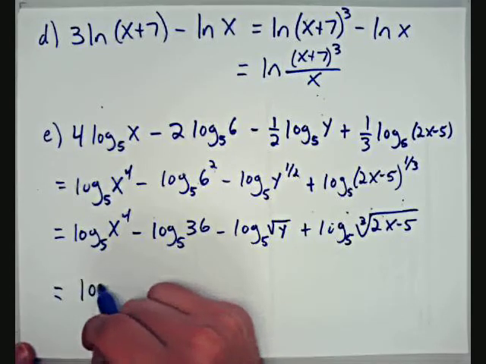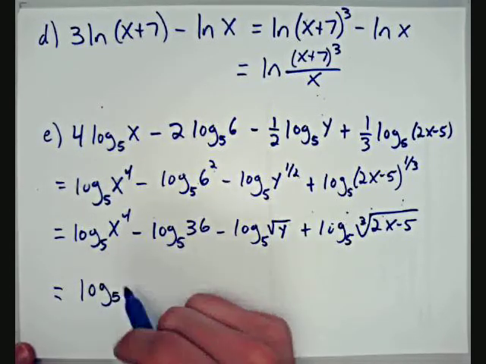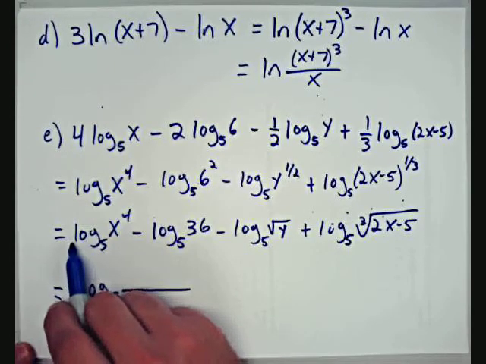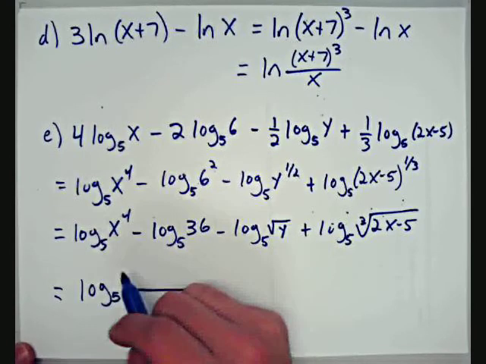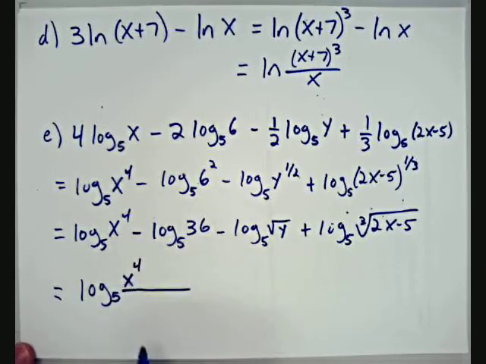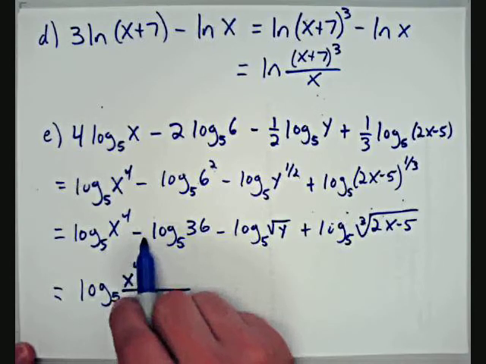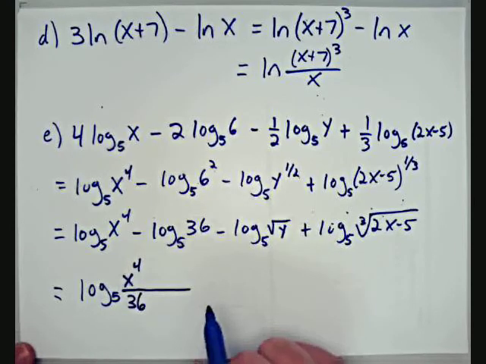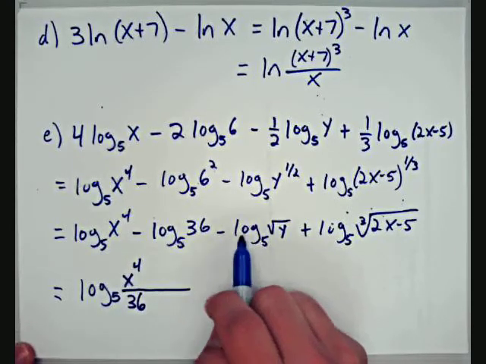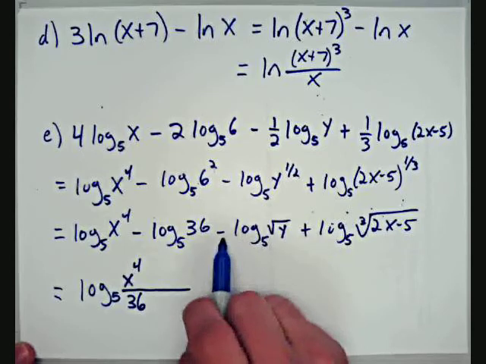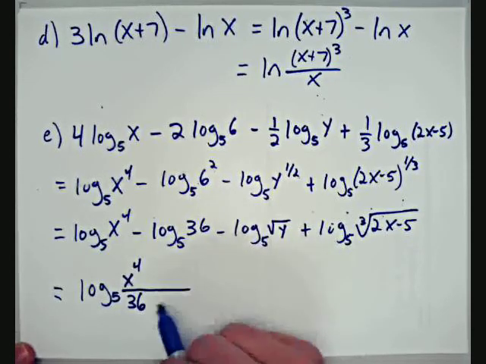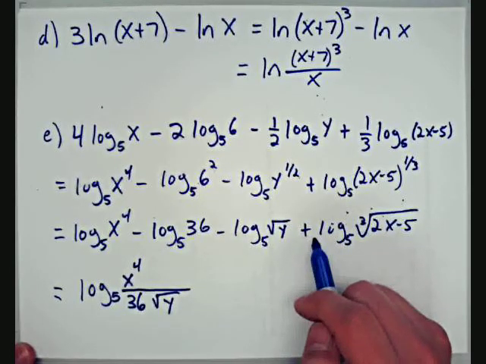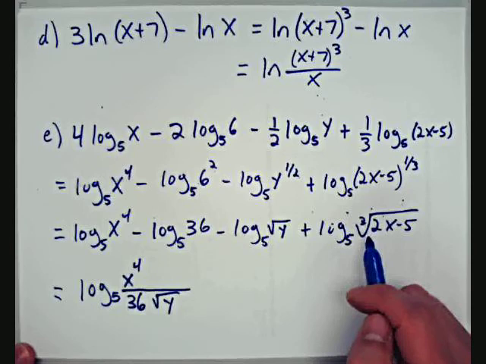So this will be one single log with base 5 of, no sign implies positive, so x to the 4th in the numerator, minus the log of 36, so 36 goes into the denominator, minus the log of the square root of y, so the minus tells me the square root of y should go into the denominator, and now a plus, that tells me put in the numerator the cube root of 2x minus 5.